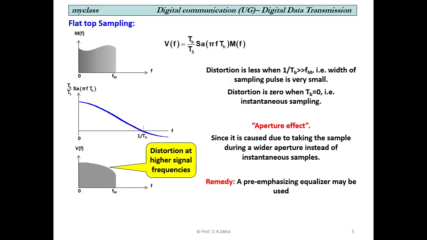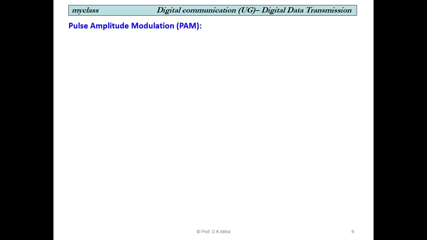So this is flat top sampling and the aperture effect, which is a frequency distortion at higher frequencies, and the remedy is a pre-emphasizing equalizer.